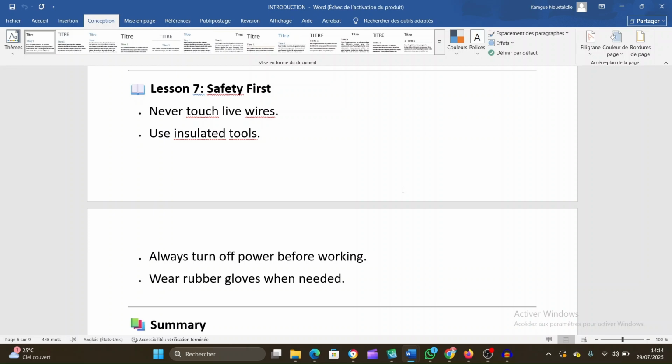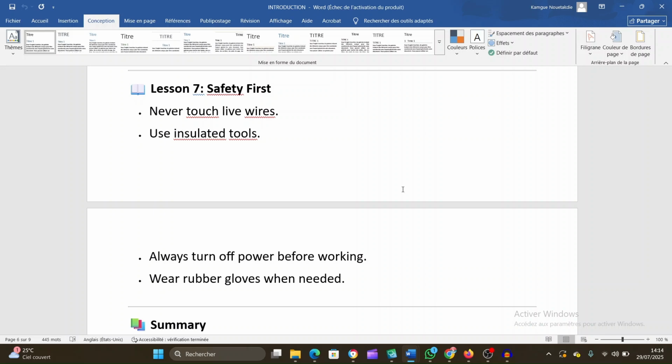The plus wire is what we call the live wire, usually called the phase, and the minus wire is the neutral. So in as much as you don't have a tester to know which one is live and which is not, don't touch live wires. Never touch live wires.